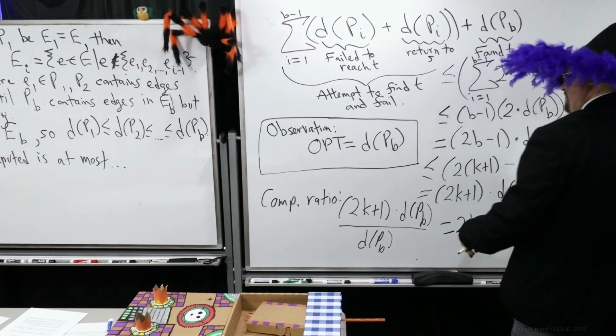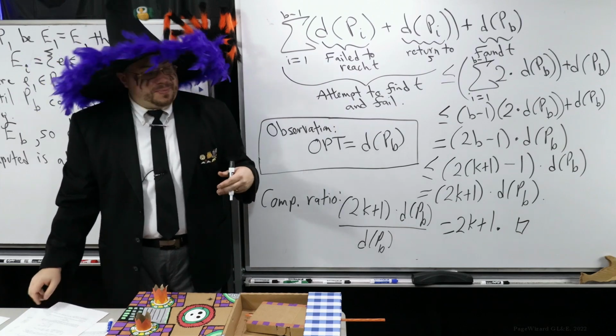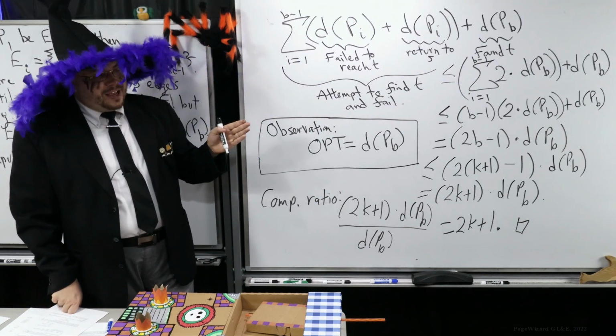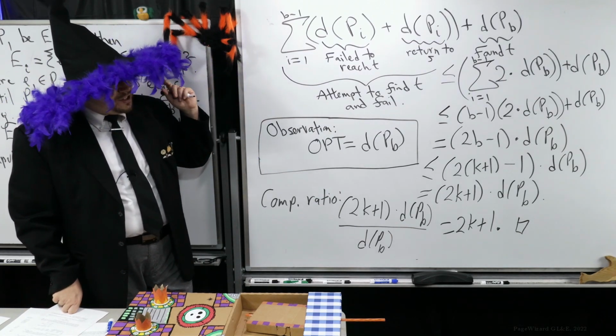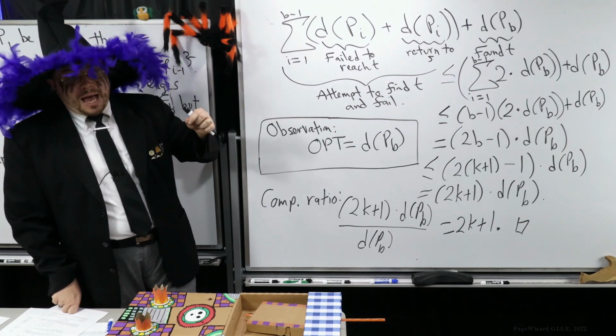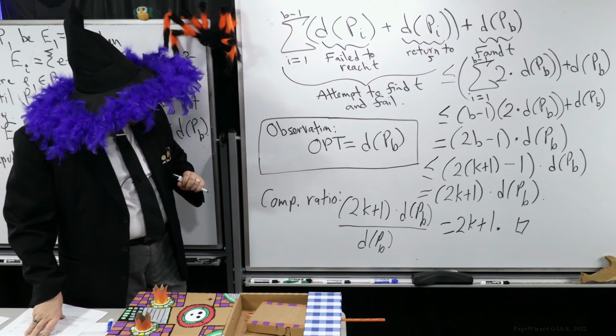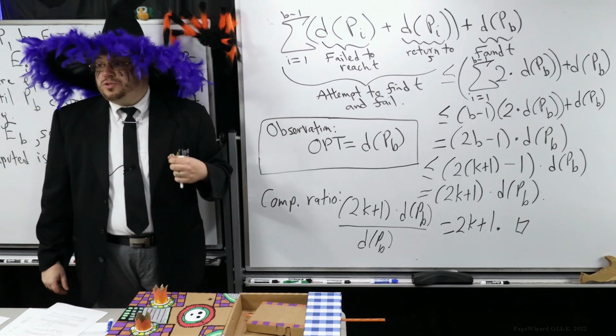And we're done. So now we could say that if we have at most k traps, the reposition strategy, when you formulate it as an algorithm that recomputes shortest paths, as I have in the notes, what you end up getting is a competitive ratio of 2k plus 1.